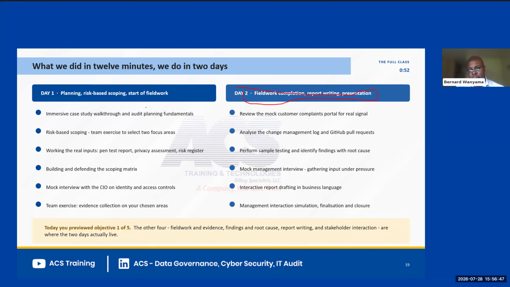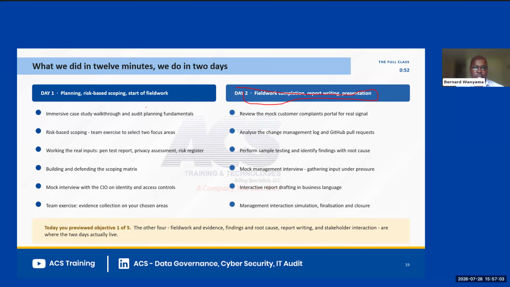So we'll also have things like the mock portal. We'll have sample data for the evidence that we want. We'll have sample data extracted from the AWS environment.